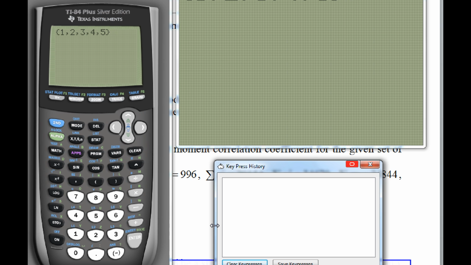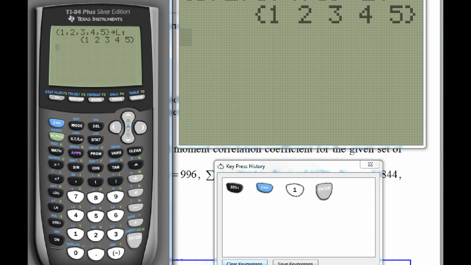You want these sets of data to be stored into L1. So you store it here, into L1. Enter. Alternatively, you can edit list and enter them in. No problem. Alright?